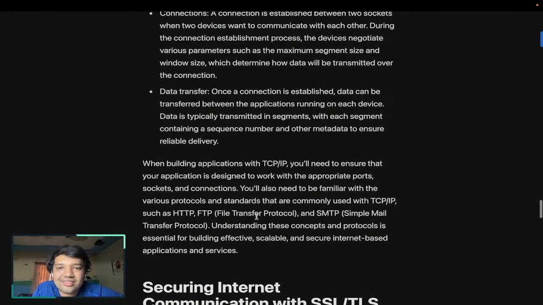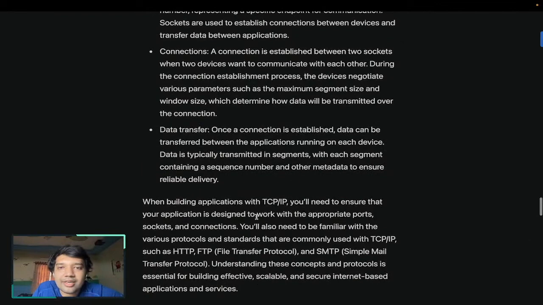It's nothing to be explained about. But each data has a sequence number and other metadata to ensure reliable delivery is the important point, I guess. And the important point for connection is maximum segment size and window size.